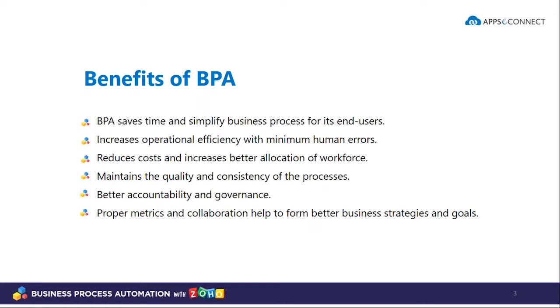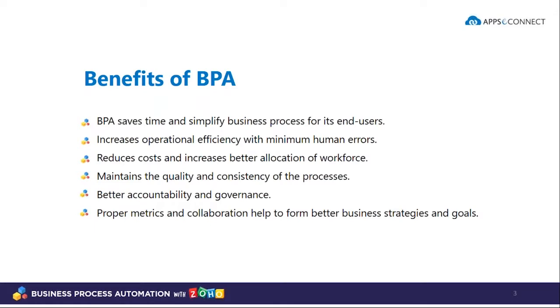Then it can help you to maintain quality and consistency. A very important thing is consistency, which is very easy to achieve by using computers and automations, and really difficult for a workforce or human beings. Then better accountability and governance. Obviously computer automations are very easy to govern.